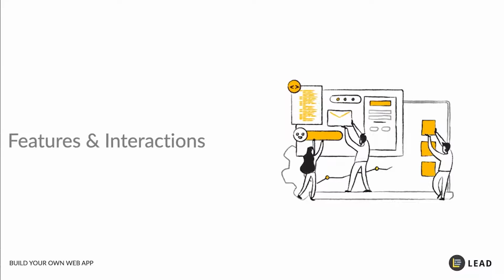I bet when you joined or registered for this webinar, you already did some homework to search for what tools and programming language you need to learn to build a web application, right? Or even a website.